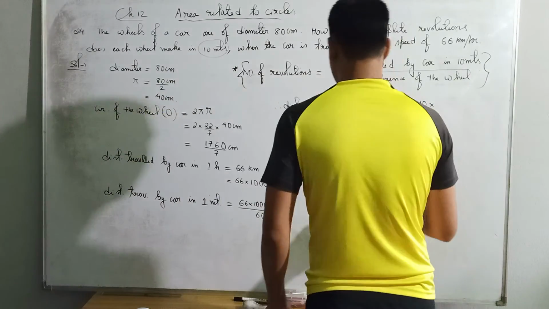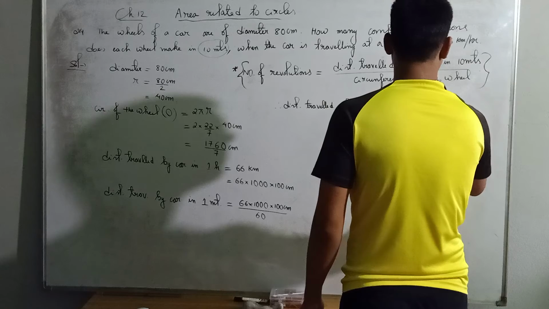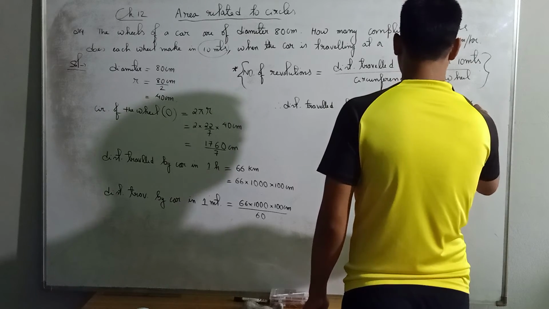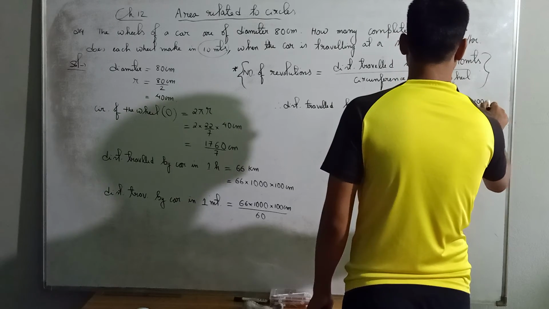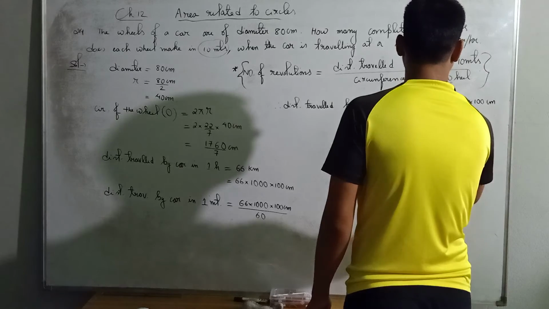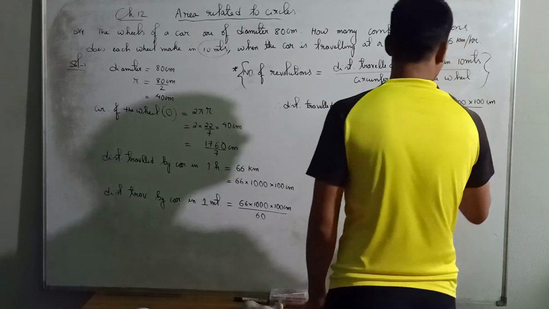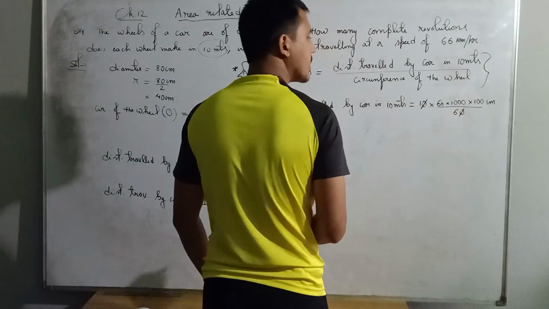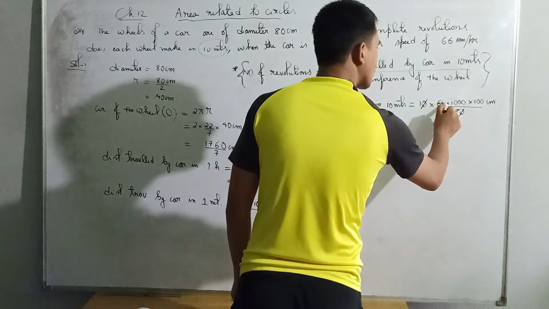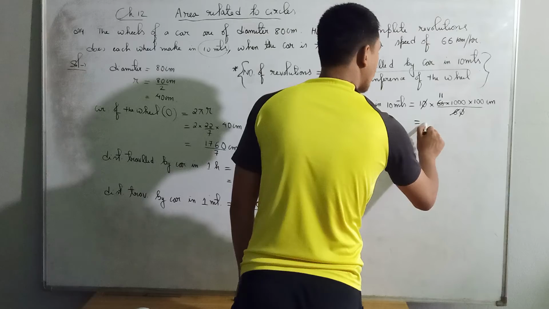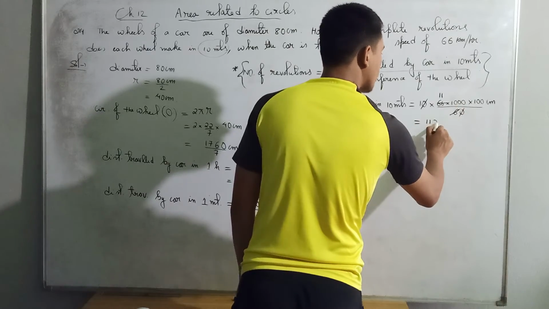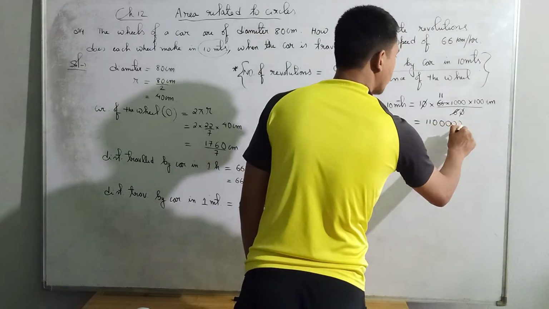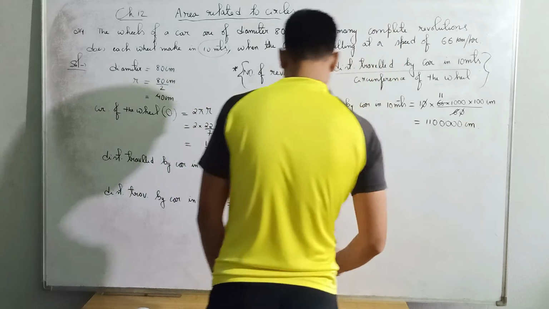So that is 66 into 1000 into 100 centimeter upon 60. You can cancel out some terms here: the 10 and the 10 can be cancelled. 11 times 6 is 66, so we have 11 and then 5 zeros, centimeter.